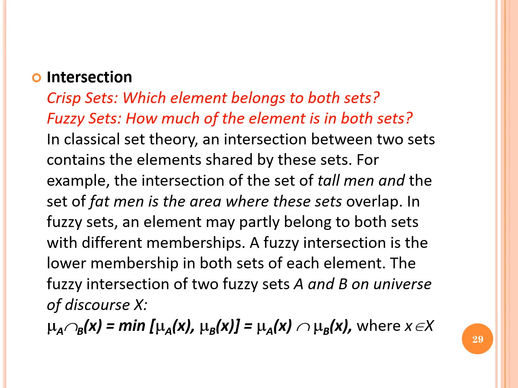The fuzzy intersection of two fuzzy sets A and B on universe of discourse X, we can write here: the intersection of A and B, where we select the minimum of function A, function B, for X in the universe X.